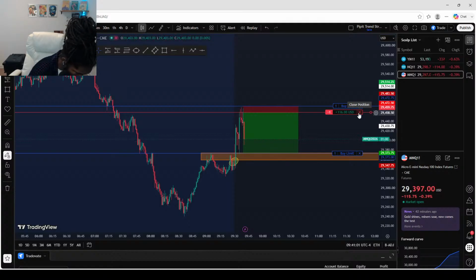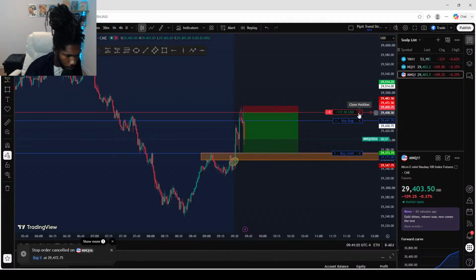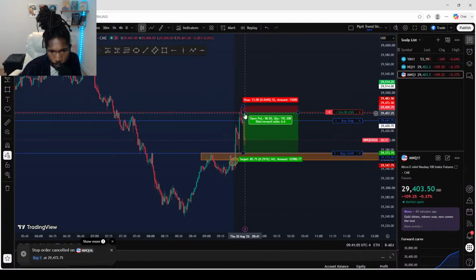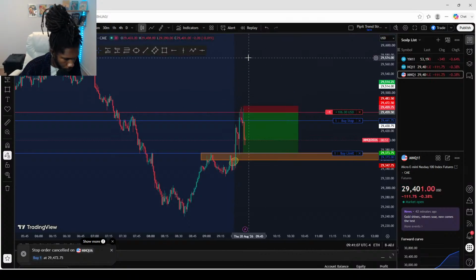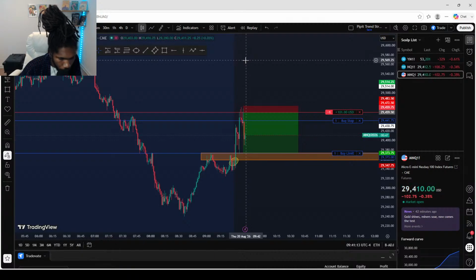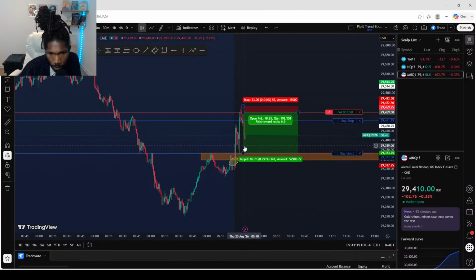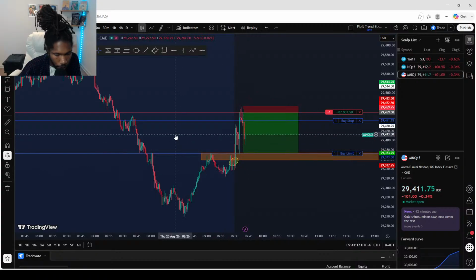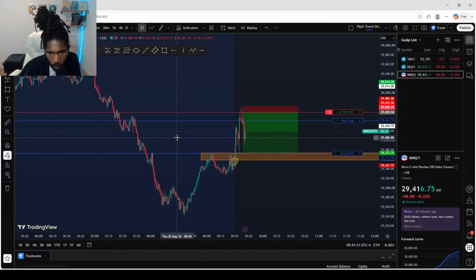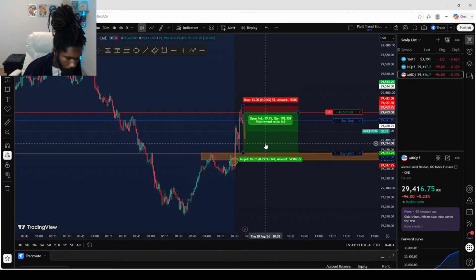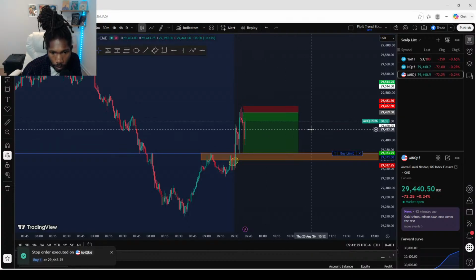Sell that up there. Only issue, we got these tweezer bottoms, these equal lows right here, so it could reverse back up right now, but that's fine. We got stopped out in profit.